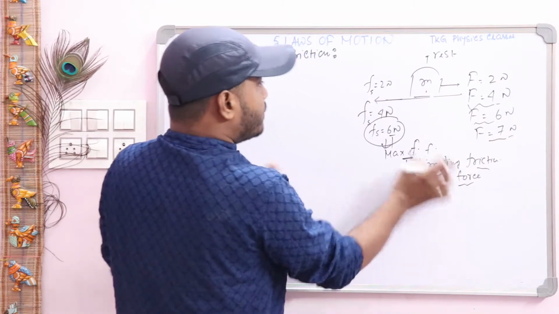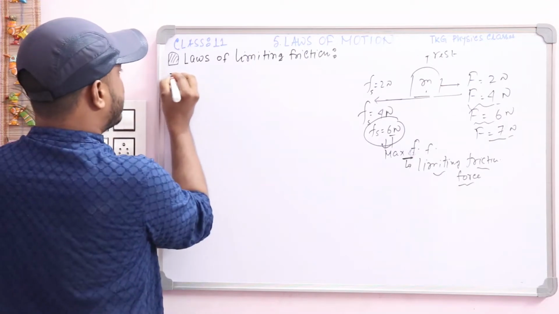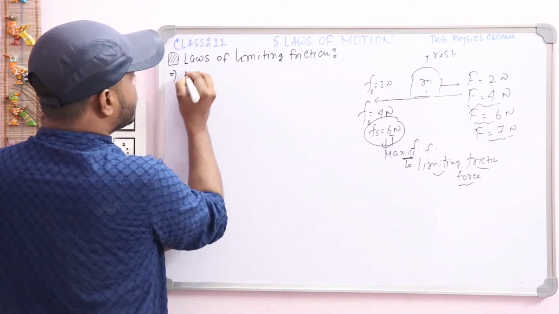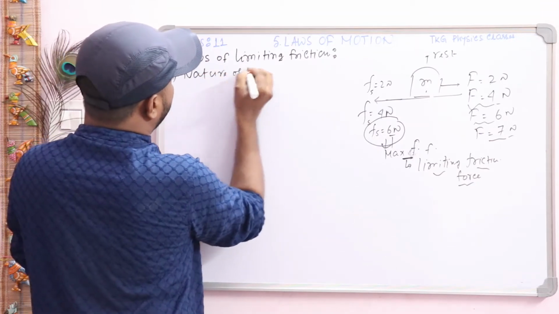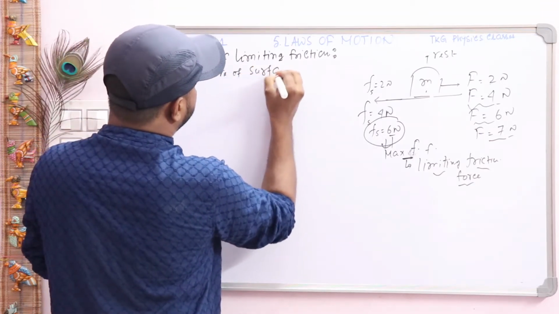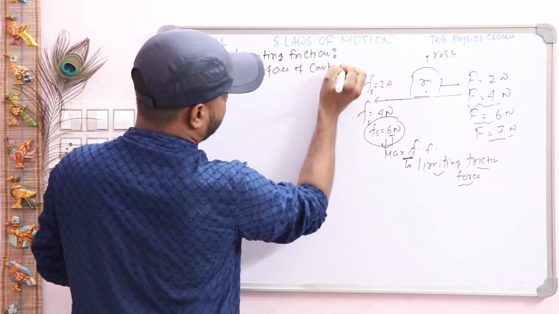Okay, so what are the laws of limiting frictional force? First point, limiting frictional force depends on the nature of the surface of contact, and also the state of polish of that surface.